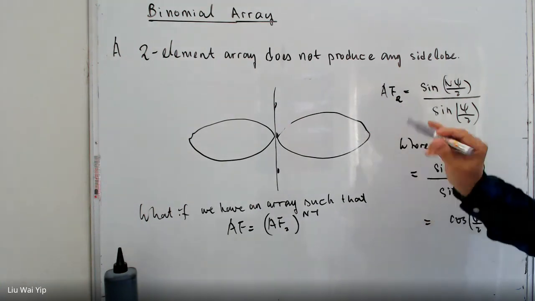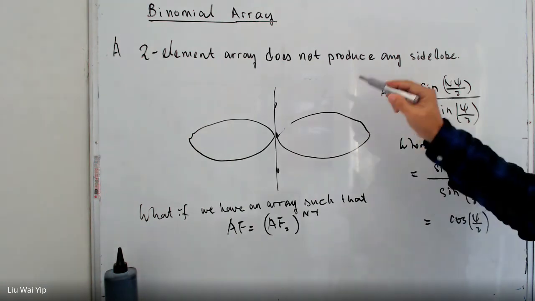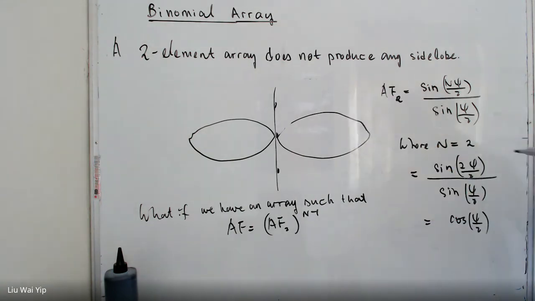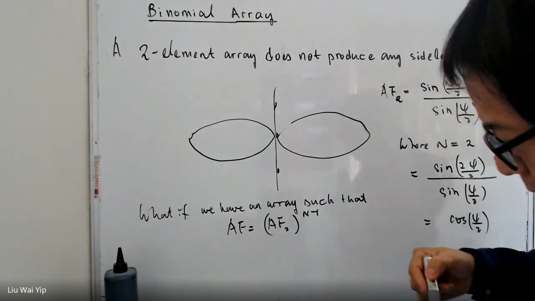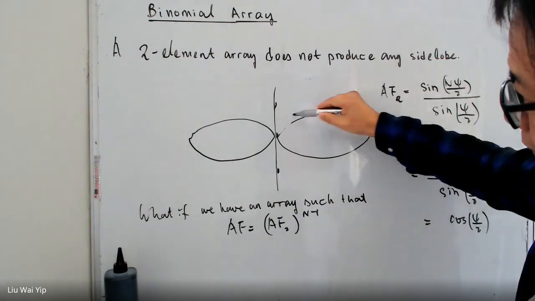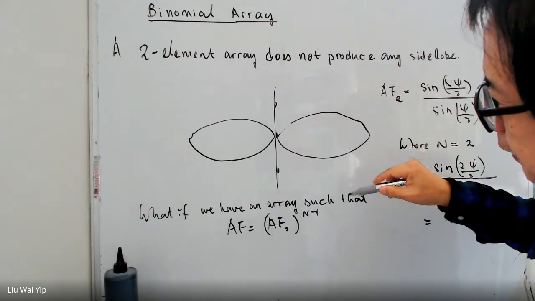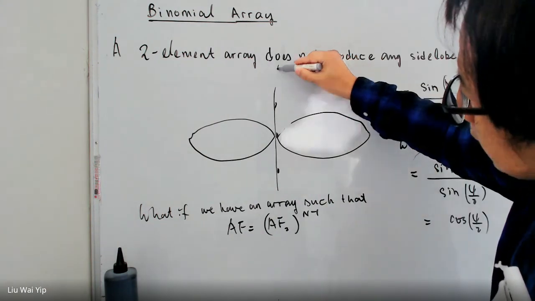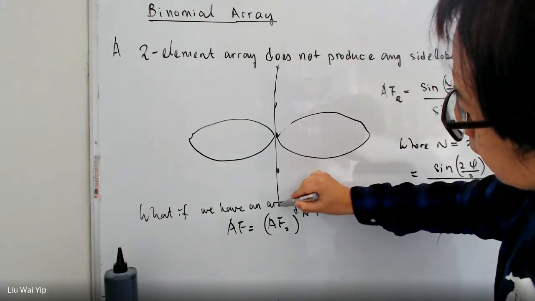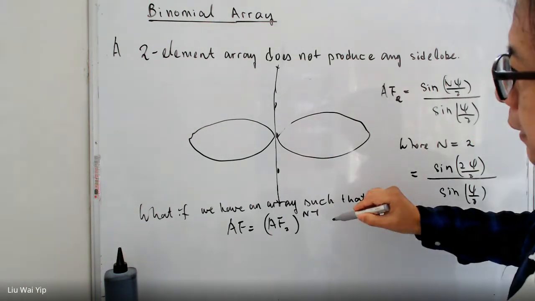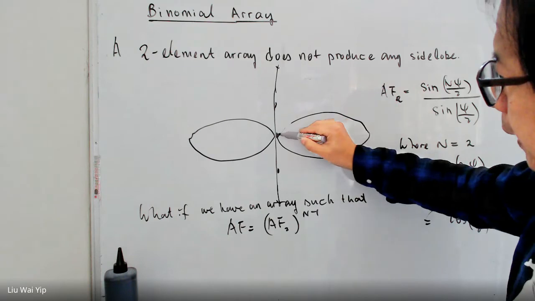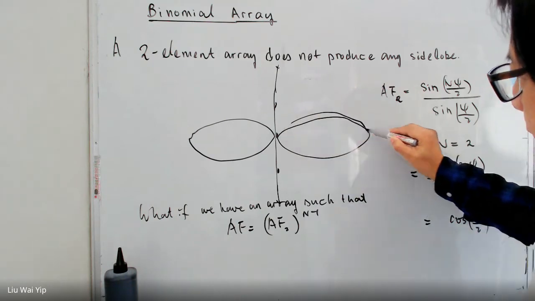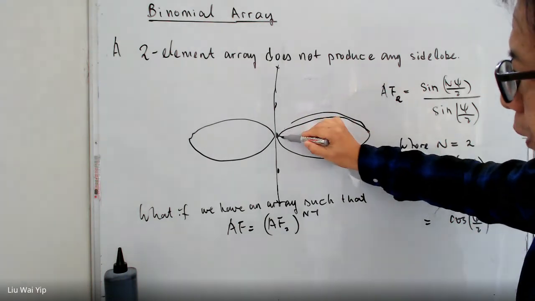But on the other hand, the gain will be enhanced. So for instance, for two element array, we have the pattern like this. And if we increase it, say up to four elements, then we may end up with a pattern like this. But there is no side lobe at all.